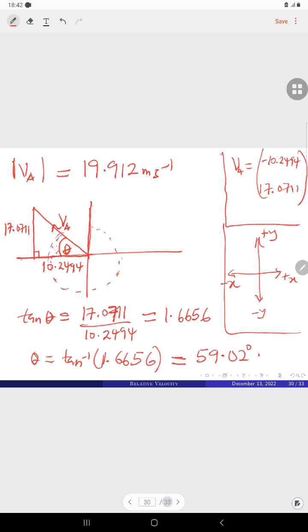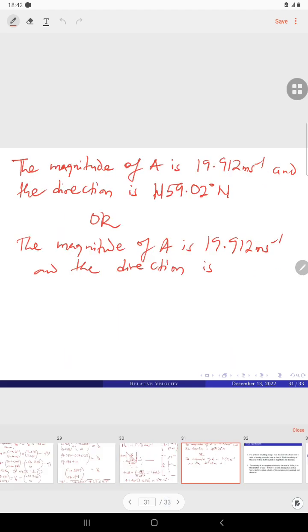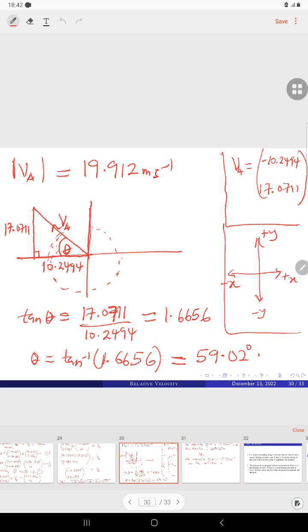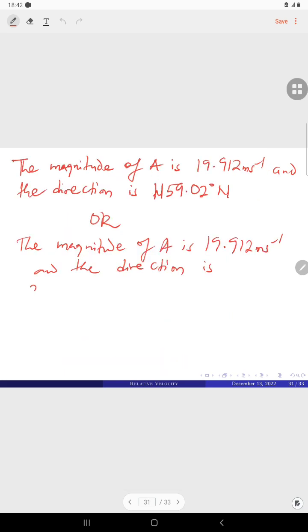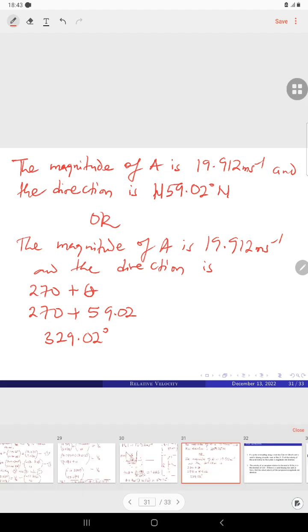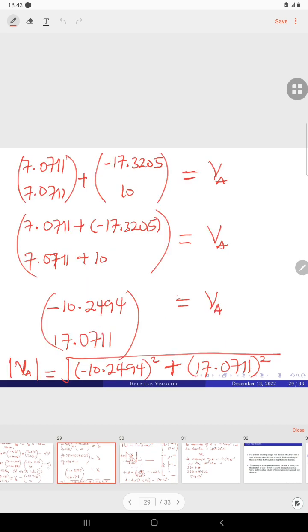And how do you find this? This is going to give you 270. Check it. 270 plus theta. And you get 270 plus what? 59.02. And this gives you 329.02 degrees. So that is how we solve questions of this nature.